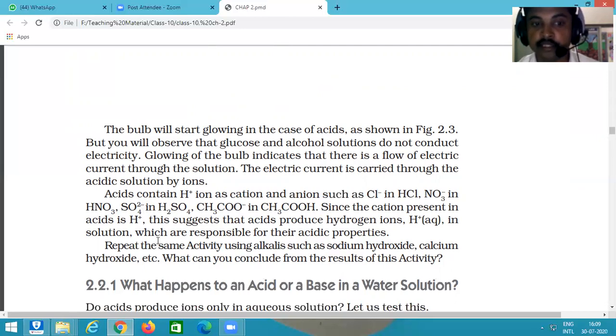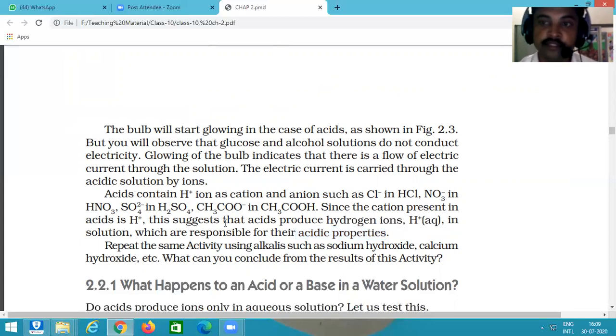Since the cation present in the acid is H positive ion, this suggests that acids produce hydrogen ions. These are responsible for the acidic property. All acids release hydrogen ions, and this shows their acidic property.